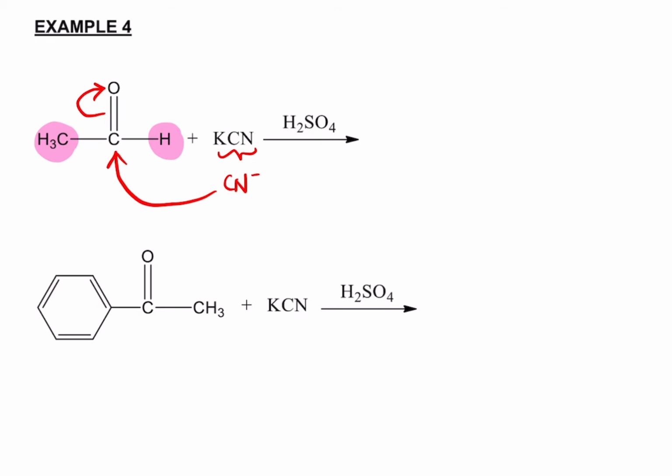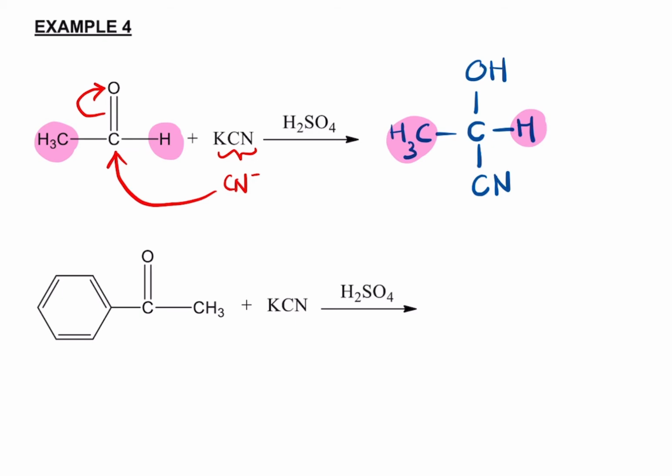So the reaction will form cyanohydrin, where for my final product, I'm going to copy back the formula. C bonded to 4 bonds: the first one is attached to the methyl group, and hydrogen stays as it is, as you see from this part. And of the other 2 bonds, one is going to attach to OH, and the other is going to attach to CN. And this is your product for the first example 4.